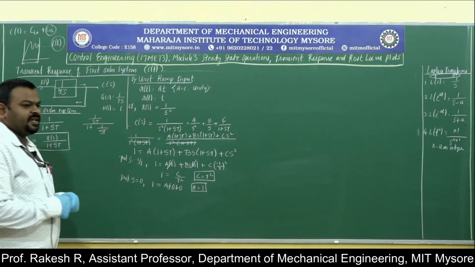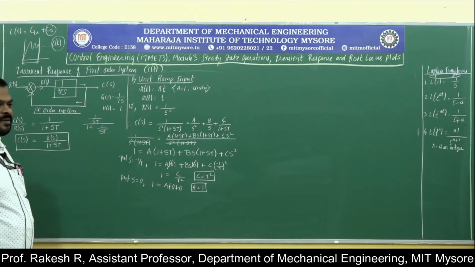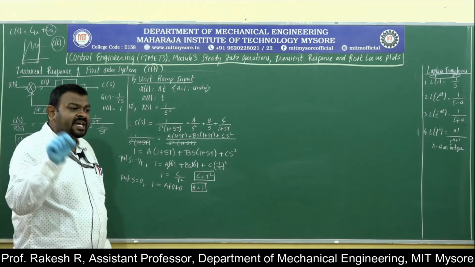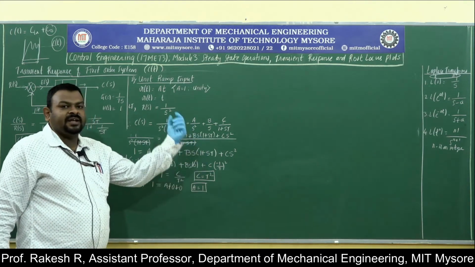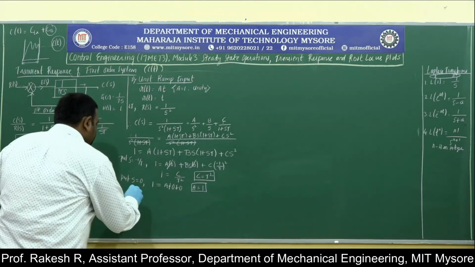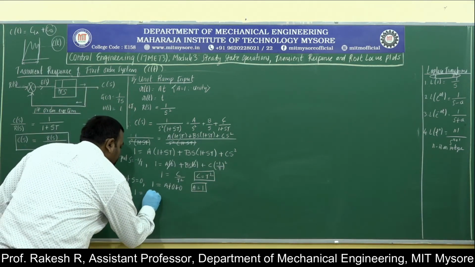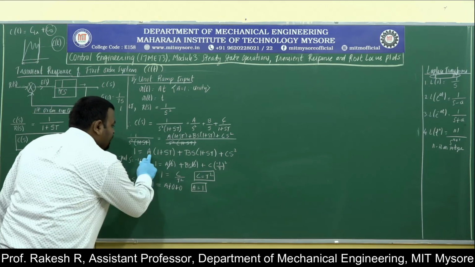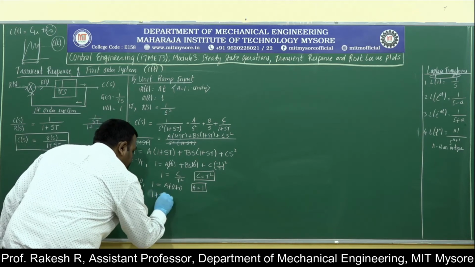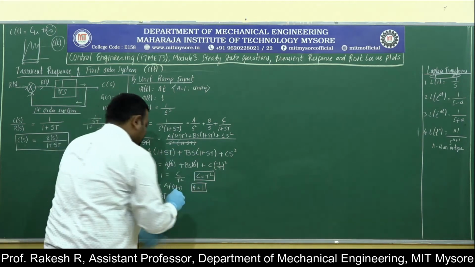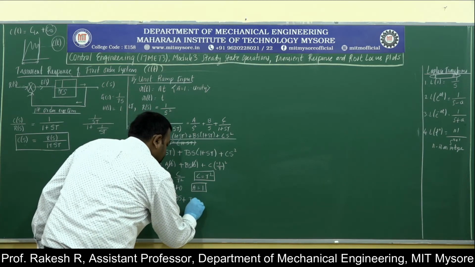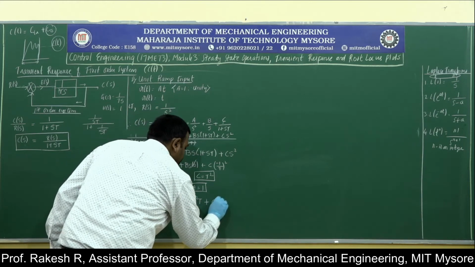What is the next step? The next step is somewhat challenging because we don't have any other values. In that case, we need to equate the coefficients of s square, s and constant. First I will simplify this expression. On simplifying, 1 will be equal to a, the value of a is 1, so I put 1 plus st plus multiply this bs plus b s square t plus cs square.